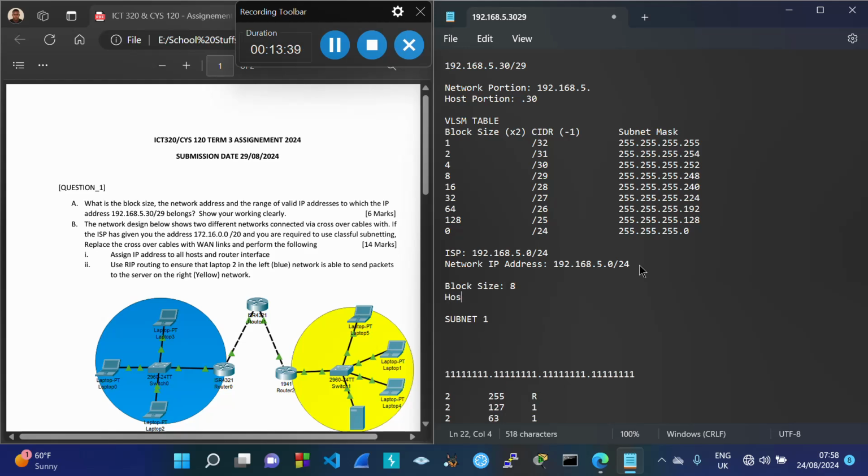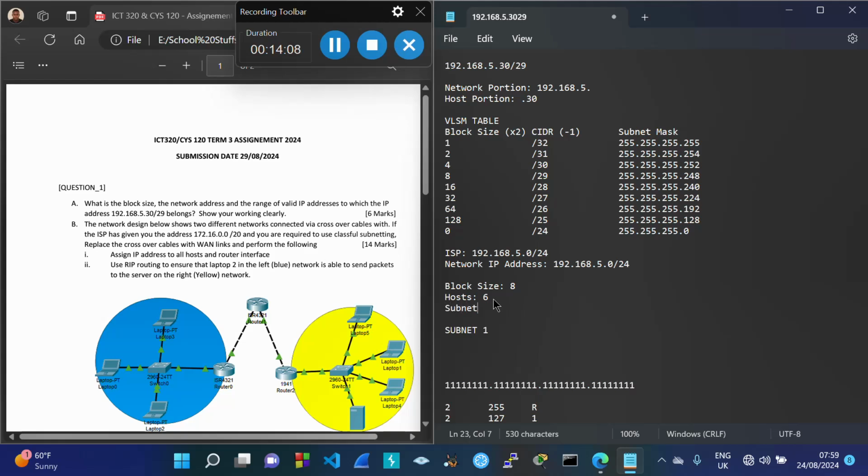So now we come to the number of hosts. So for the number of hosts, since the block size is 8, whenever we are subnetting, we need to subtract the network address and the broadcast address from this block size. So it's more like block size minus 2 will give us the number of hosts. So in this case, 8 minus 2, it's 6.